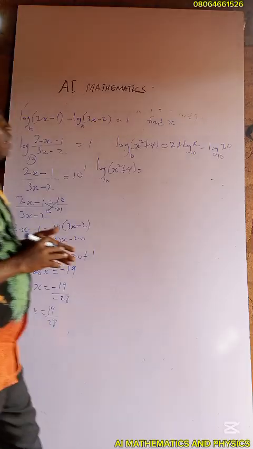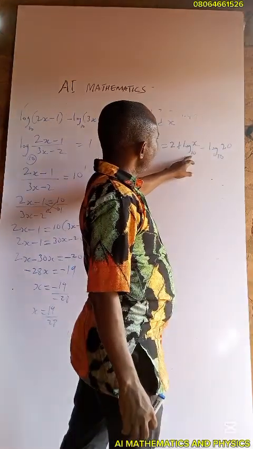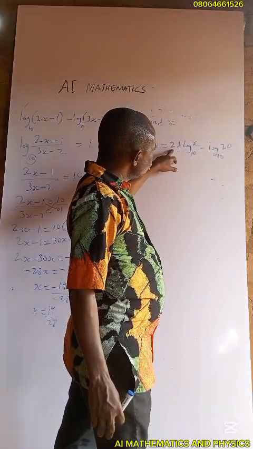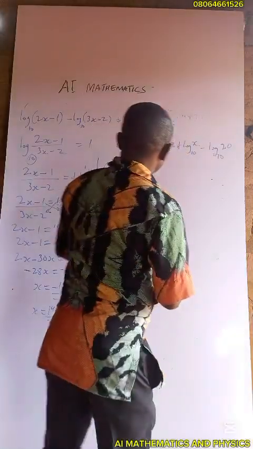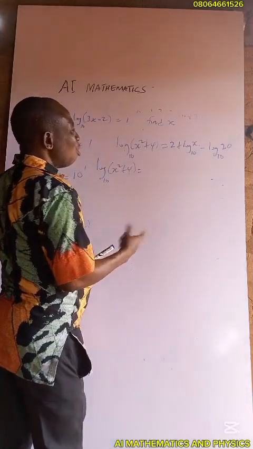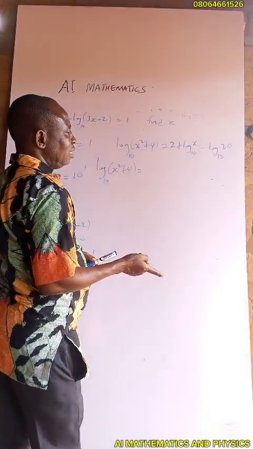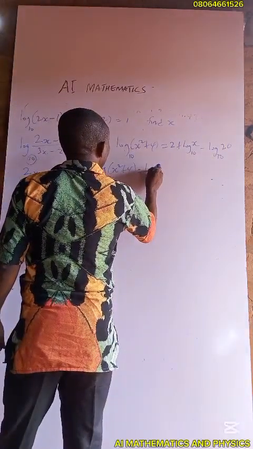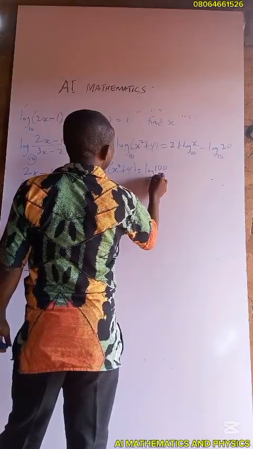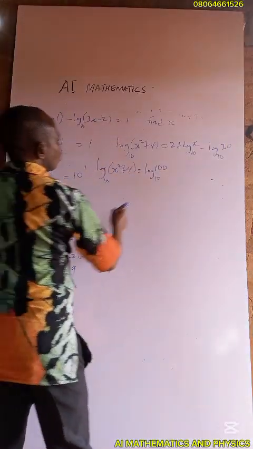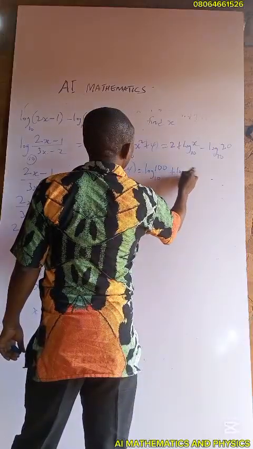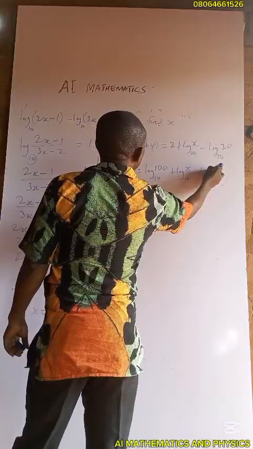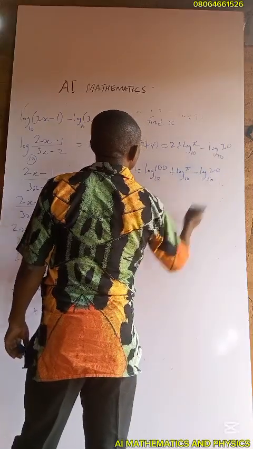We are using base 10, which means this 2, if you want to do it like this, is what? 100. Because 10 times 10 is 100, or 10 to the power 2, which means you have log 100 base 10 plus log x base 10 minus log 20 base 10.